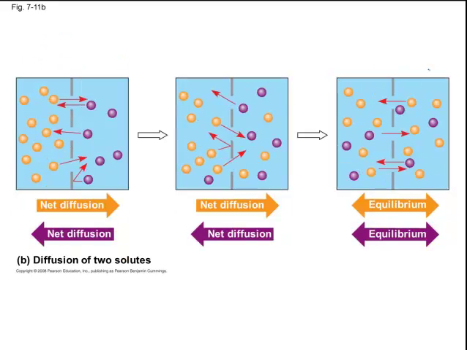Now, if there are two solutes, the movement of one solute is independent of the movement of the other solute. So each solute's movement is independent.